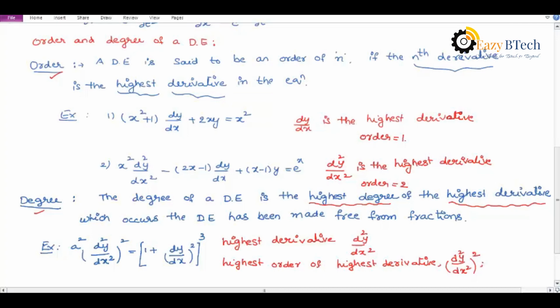So then the degree of this example is nothing but 2 only. Okay students, this is nothing but the order and degree of a differential equation.